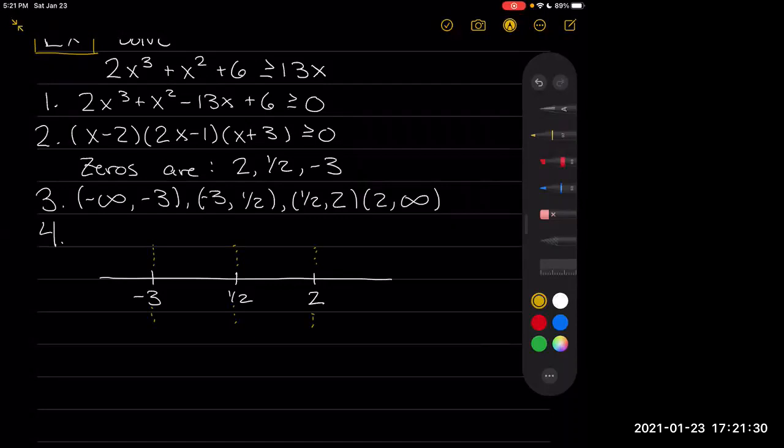So if we're looking at values less than -3, I'll plug in something like -4. And so if we were to check this, I will run through and just kind of examine what happens if we plug in -4. And I usually will look at the factored form up here to help with that calculation. So -4 minus 2, that's negative.